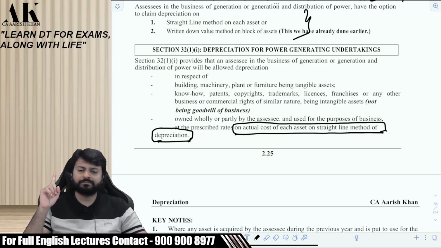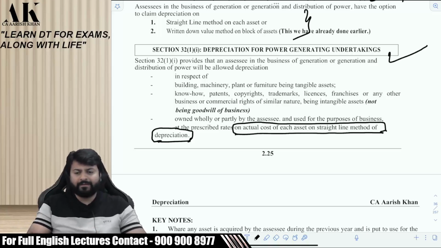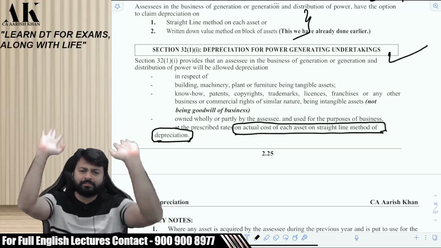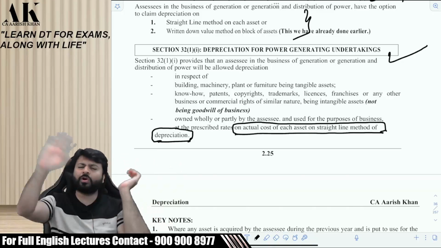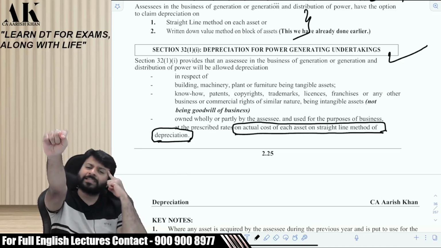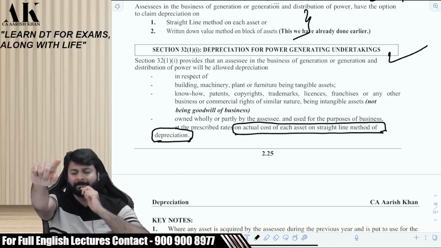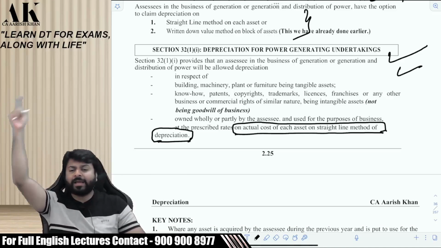First question. If I go for this option, okay, I want this option, means I want SLM. I have an option of WDV also, right? But I don't want WDV, I want to go for SLM. So my question to all of you, listen carefully. If I go for this option, will I get the benefit of additional depreciation?